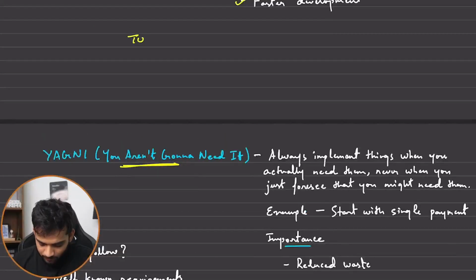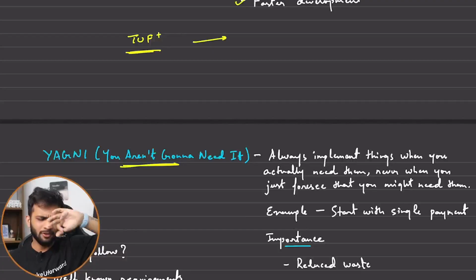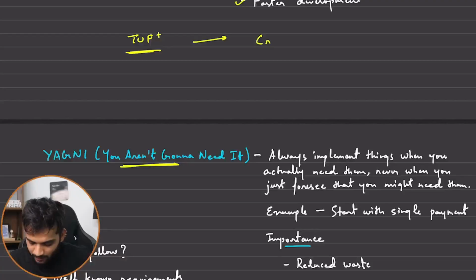So as of now, we have payment gateways. And the payment gateways typically support UPI, credit card, debit card, a lot of other things. But if I'm implementing this and I think, okay, tomorrow, or maybe 3 months down the line, I'm going to have crypto as well.